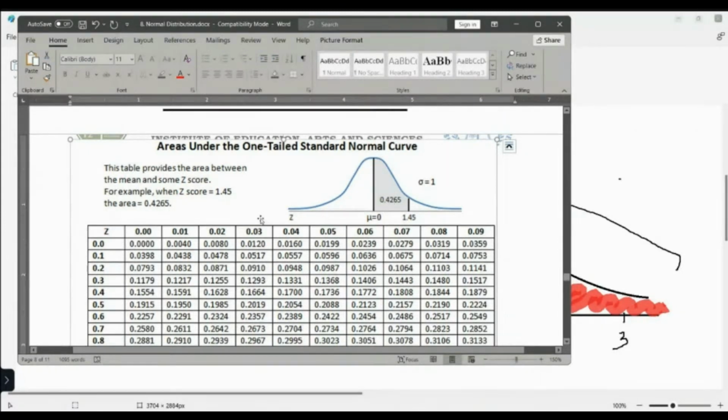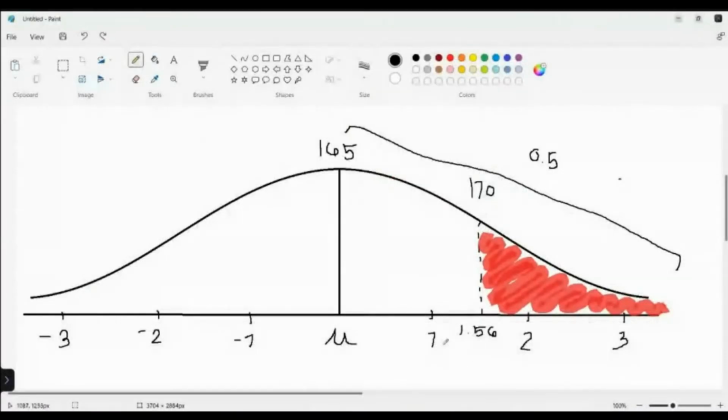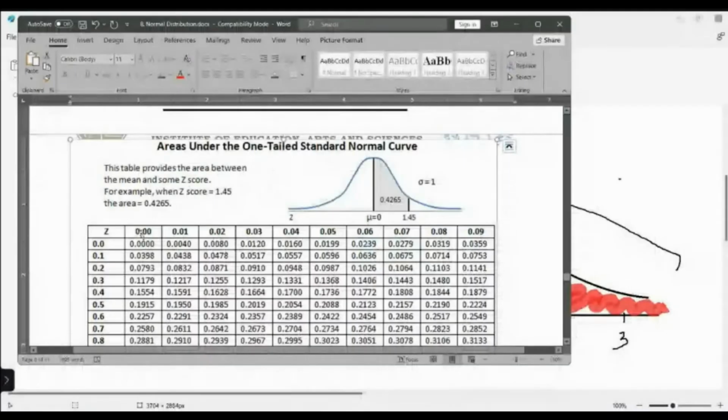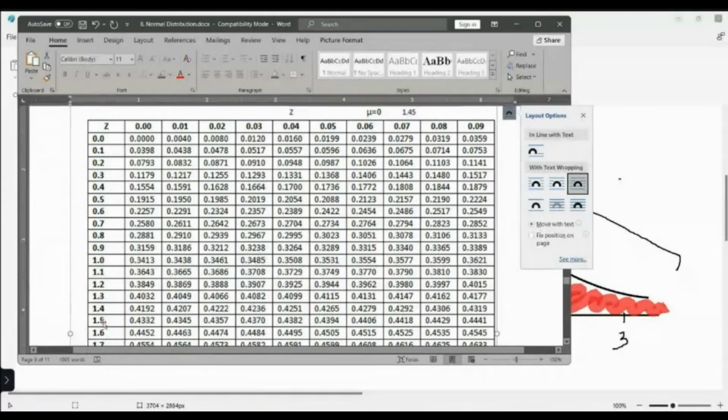Now, let's try to use this with our computed z-score here, 1.56. And we may possibly determine this area from 165 to 170. So let's try 1.5 in the first column, and 0.006 in the first row. And which box do these two intersect?